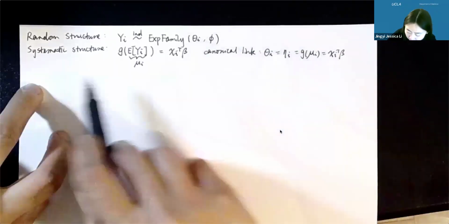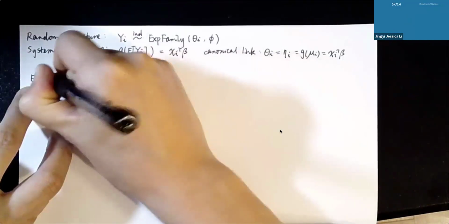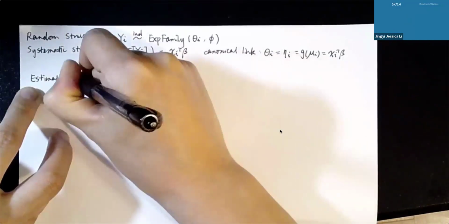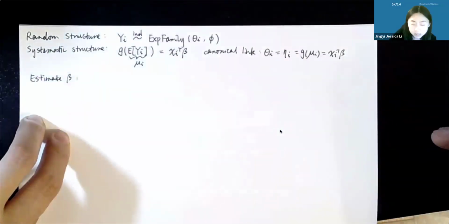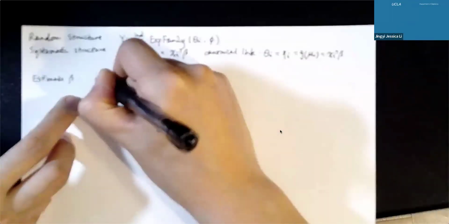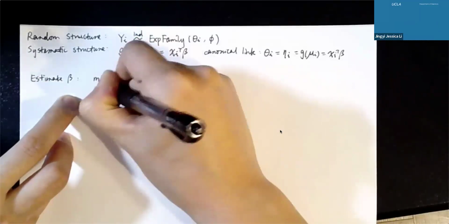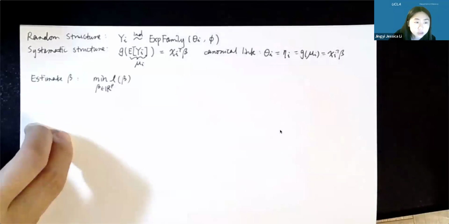So when we want to estimate beta, it becomes an optimization problem. We want to optimize the log likelihood written in beta, and beta is a p-dimensional vector.